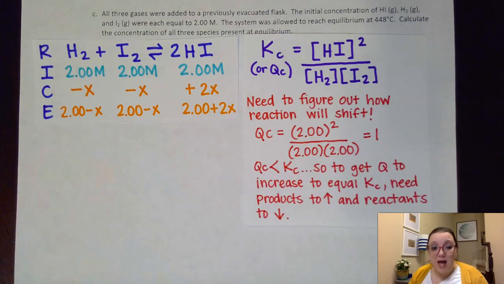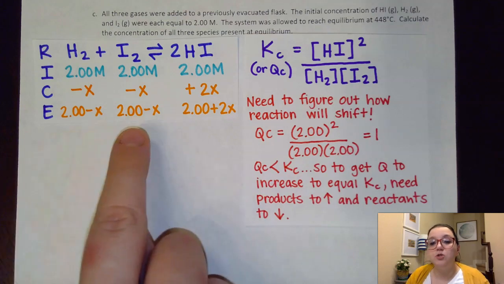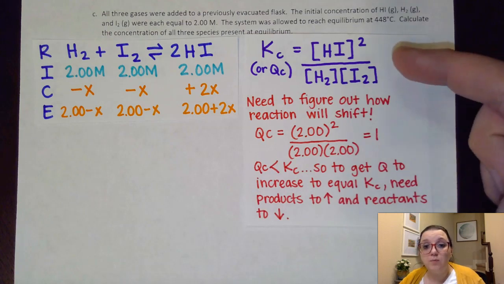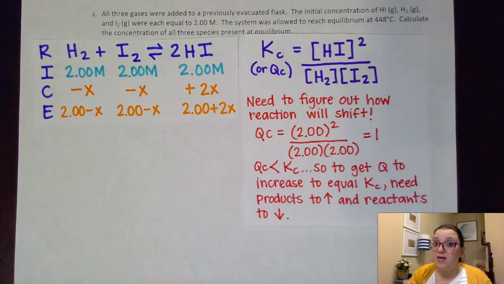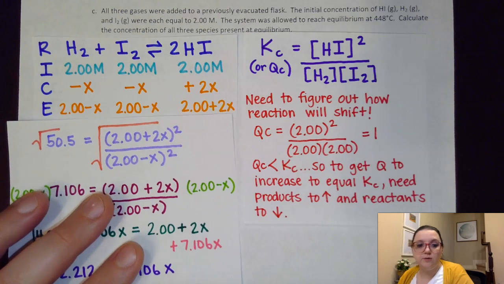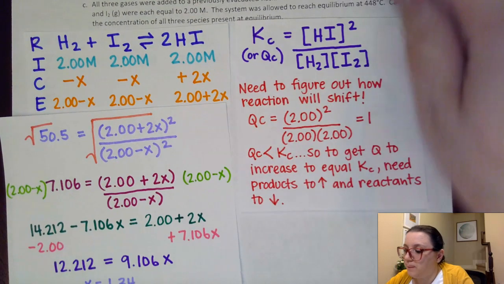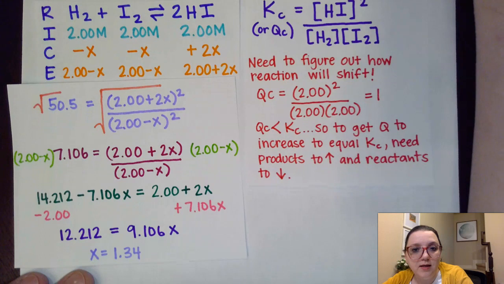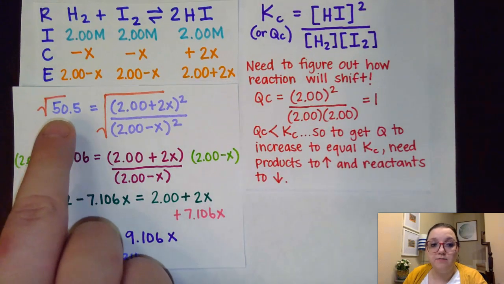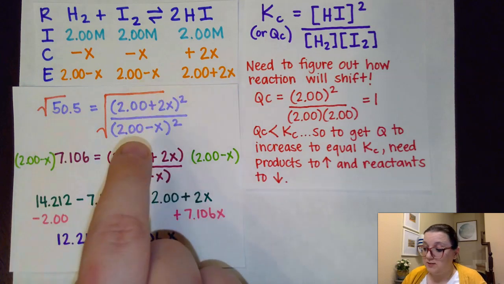And so now that I have those equilibrium terms, I can now plug them in to my QC formula along with the KC that I'm trying to solve for, which is the 50.5. So in plugging everything in here, my KC would end up being 50.5 because that is still consistent.